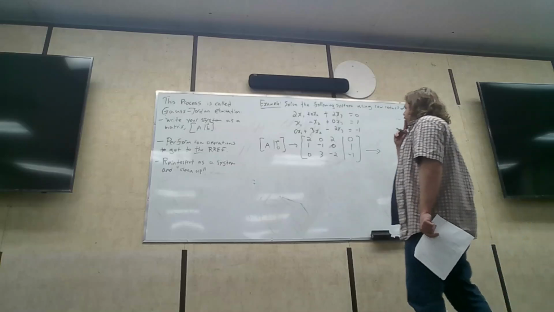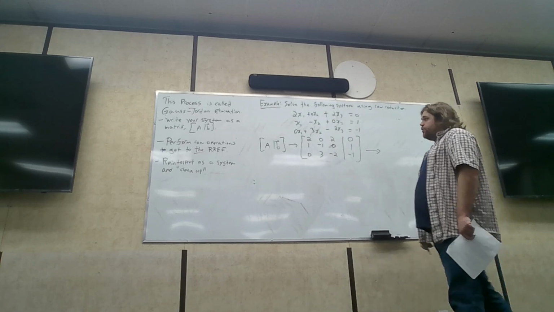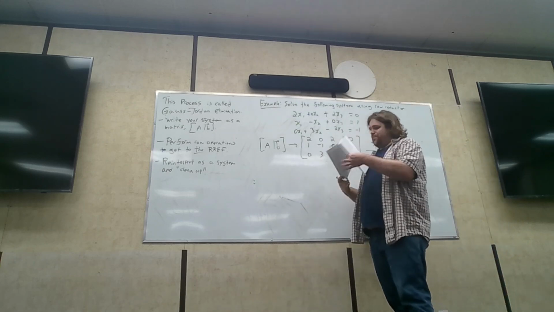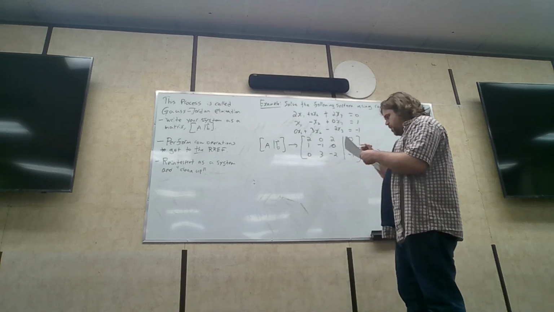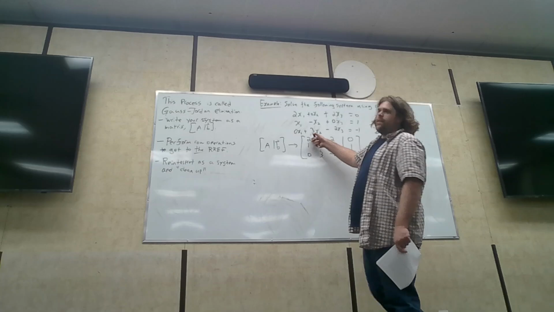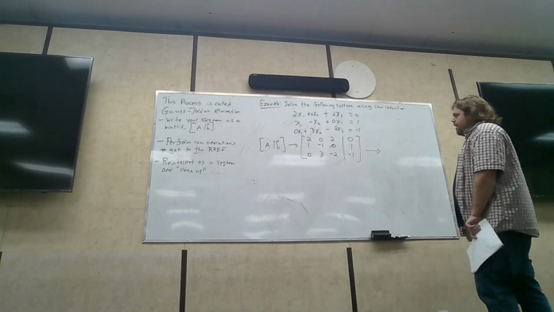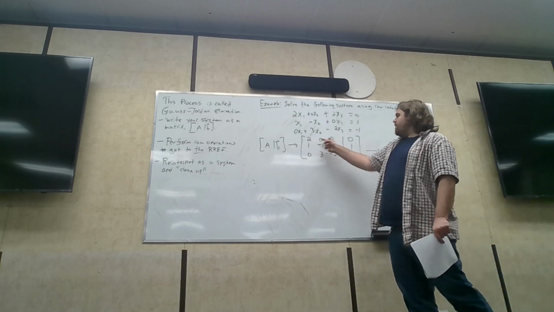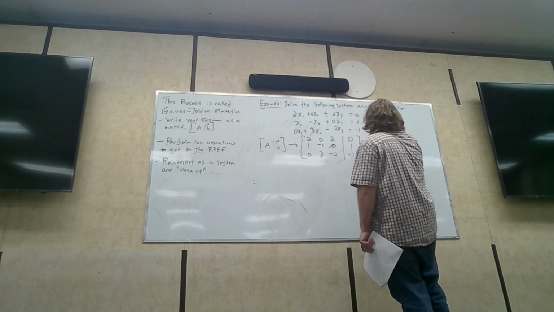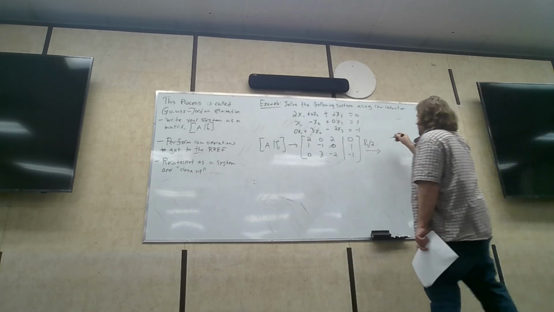So the first goal is to put a 1 up there. Again, there's 2 paths here. What do I do in my notes? Because I'm going to do the opposite so that I can present both. In my notes, I swap this row up to there because that makes sense, right? We already have a 1 there. Here, I'm going to divide this row by 2. So now we're deviating from the notes, so wish me luck.